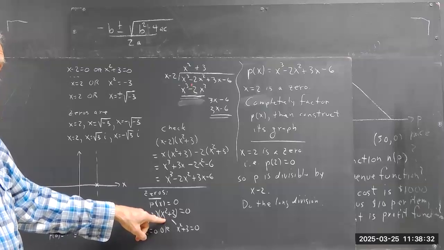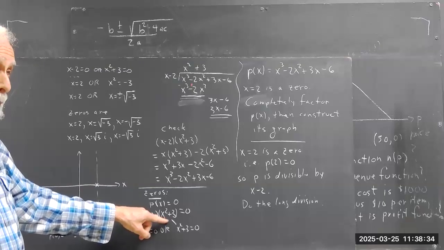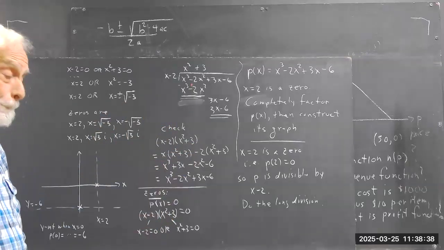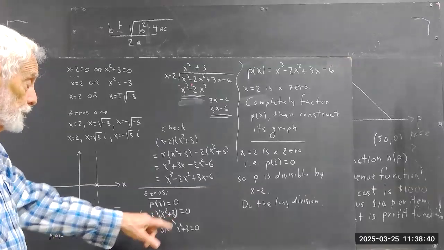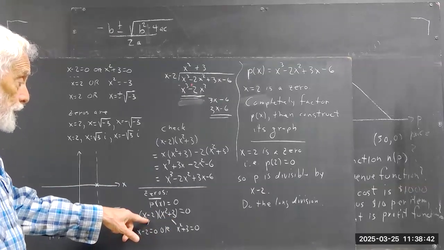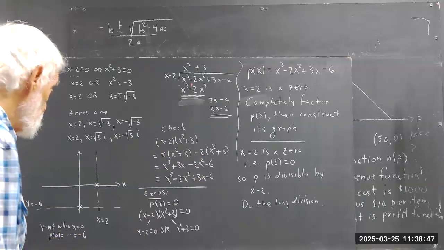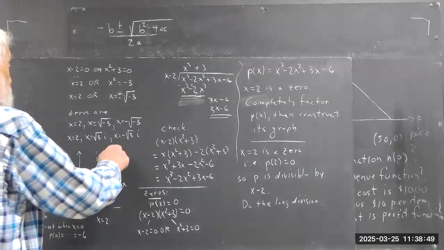X squared is never negative, okay? And when you add 3 to something that's never negative, you get something that's positive, right? So x squared plus 3 is always positive. This is negative when x is a big positive number. So your long run behavior.